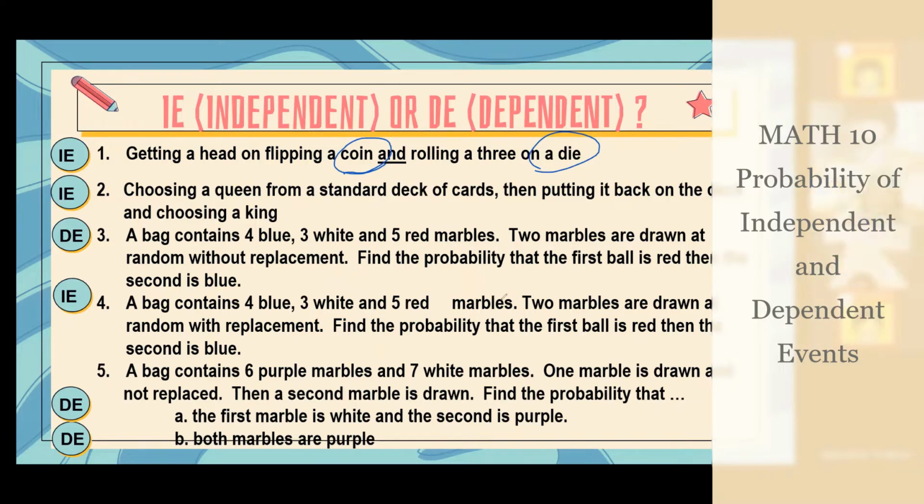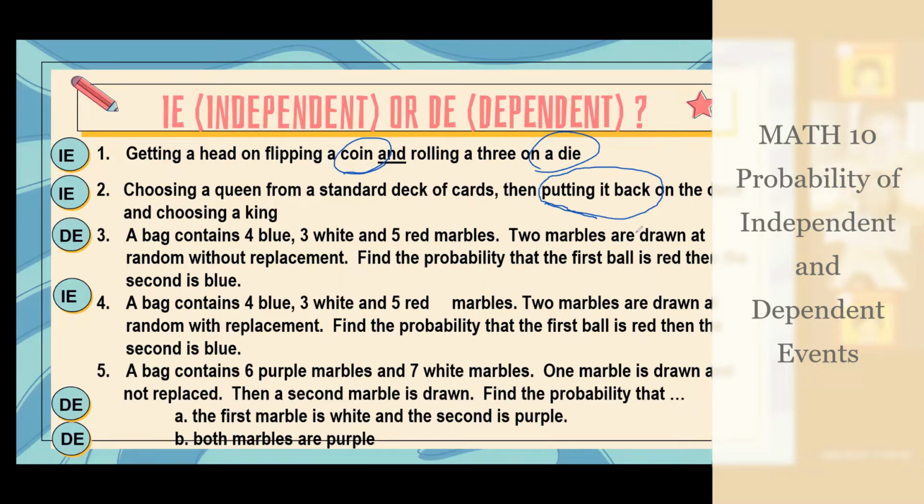Come again? Putting it back. So meaning you have to put it back, meaning it will not affect. If you put back the first card, it will not affect when you get the second card. That's why it's independent.